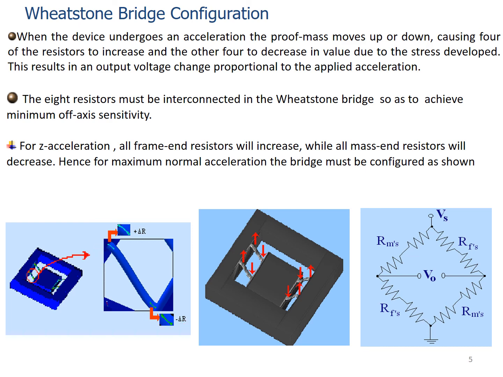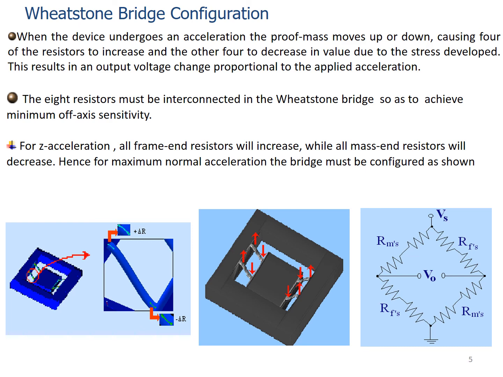So the resistors towards the frame side, 4 in total, will show an increase in resistance when a vertical force is applied, whereas those towards the mass region will experience a decrease in resistance when a downward vertical force is applied.